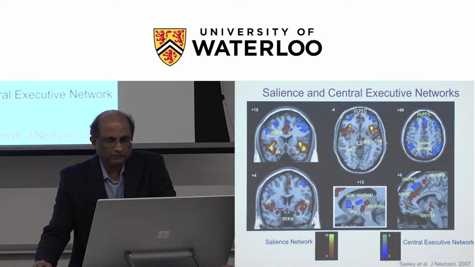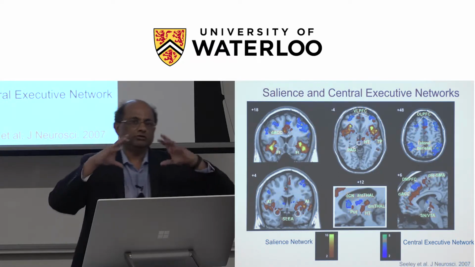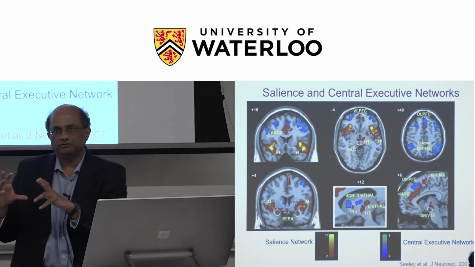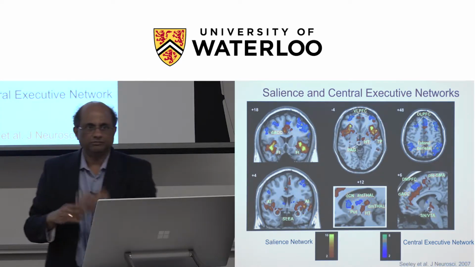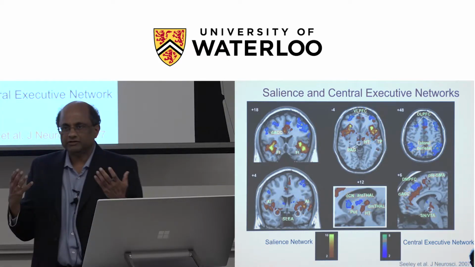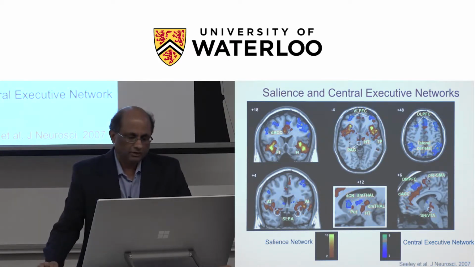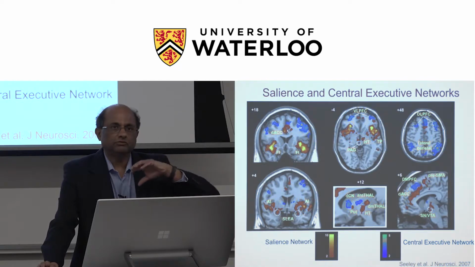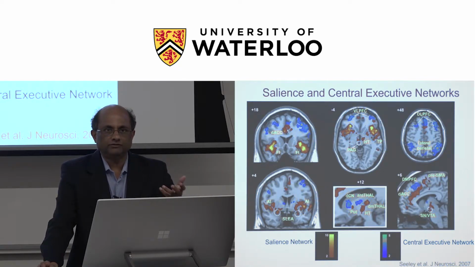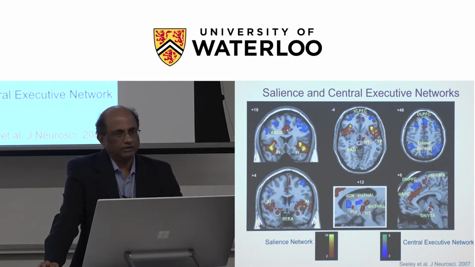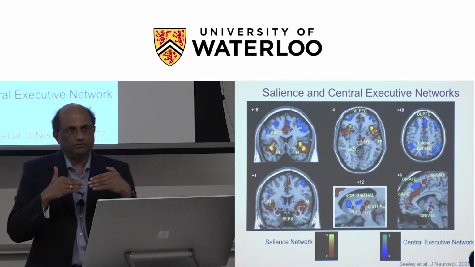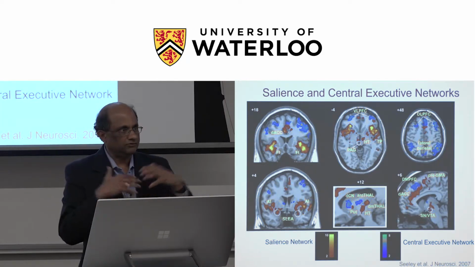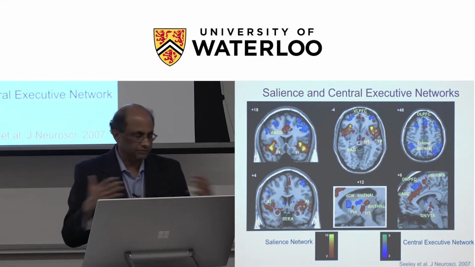So this is a study that showed that when you have participants do attentionally demanding tasks, like a stop signal or an n-back working memory task, you see activation in a number of different brain areas, including co-activation of the anterior insula, the dorsal cingulate cortex, the dorsolateral prefrontal cortex and posterior parietal cortex. But looking at this from the point of view of intrinsic dynamics allowed us to separate these networks into subsystems.